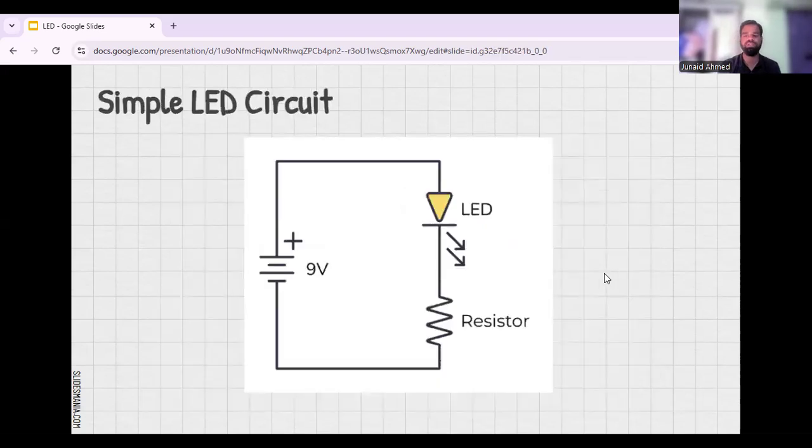Now this is a simple LED circuit. The positive terminal of the battery is connected to the positive terminal of the LED, and the negative terminal is connected to the negative terminal of the battery through a 1 kilo ohm resistor.